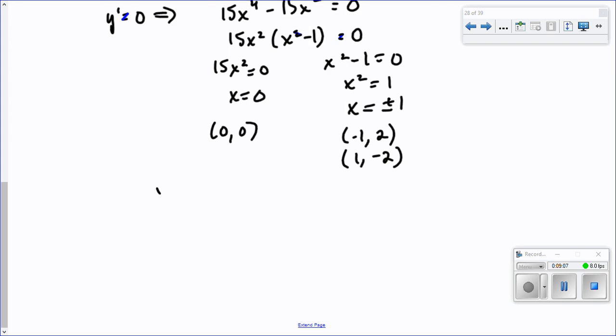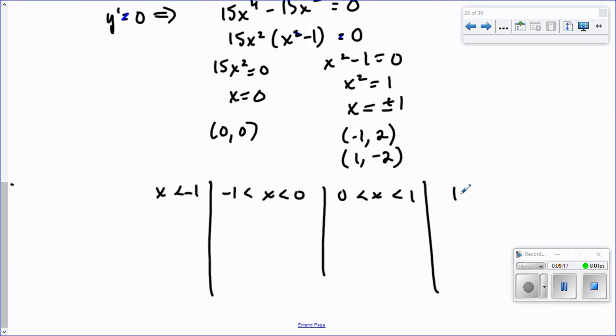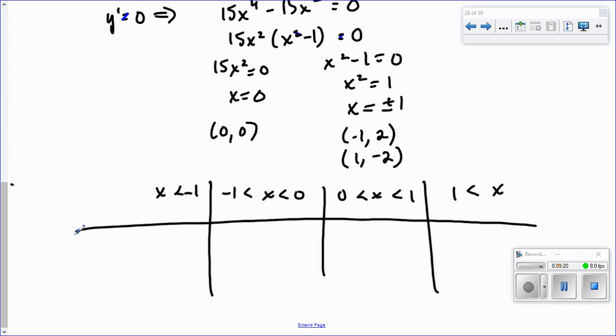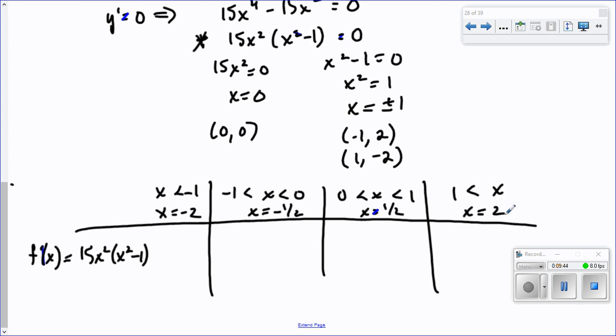So I've got a pretty large sign chart, between negative 1 and 0, then from 0 to 1, and then from 1 and beyond. I'm going to use this particular function right here, and I need a point at negative 2, a point at negative a half, a point between 0 and 1, so we can use a half here, and then I can use 2 here.